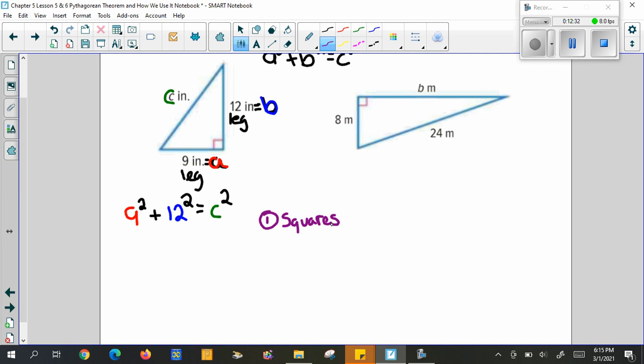Meaning I'm going to do 9 times 9 and 12 times 12, because that is what squared means, a number times itself. 9 squared is 81, plus 12 squared is 144, is equal to C squared.